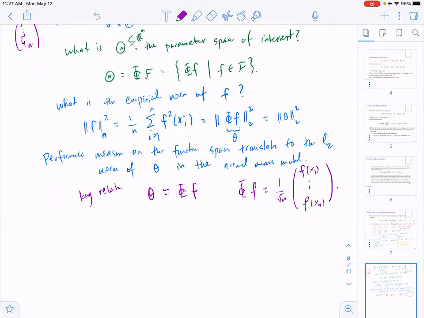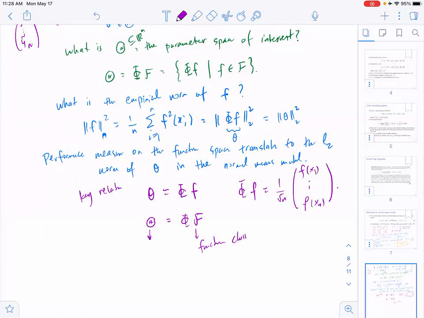Any measure of complexity of f translates to some subset of R^n via this map. So theta would be just phi of f, the image of the function class.